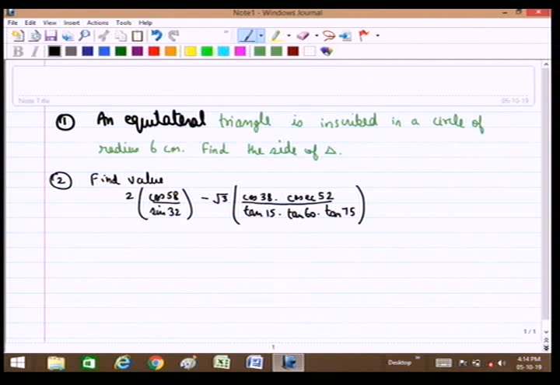That's correct, Tamenglong. The answer for the second question is 1. Solve the first one also.